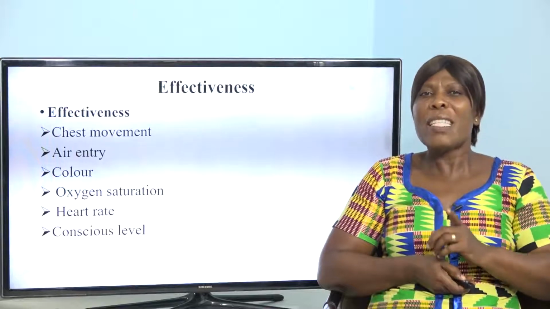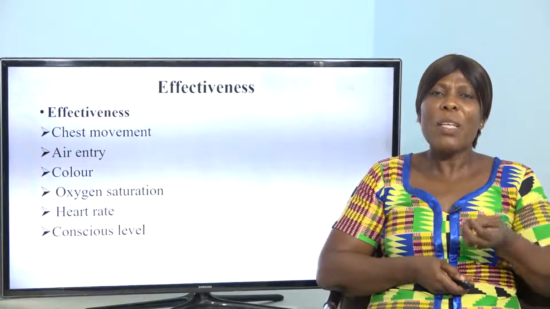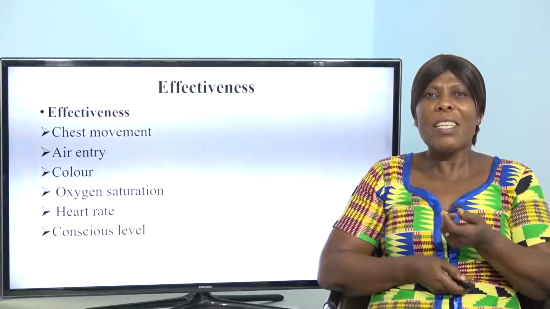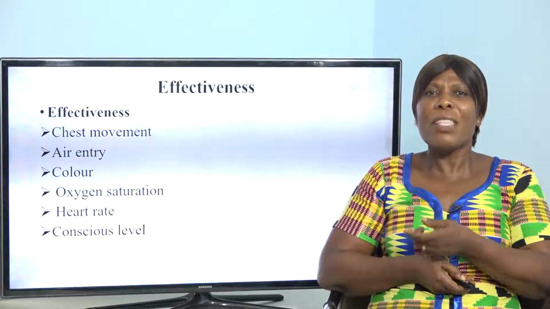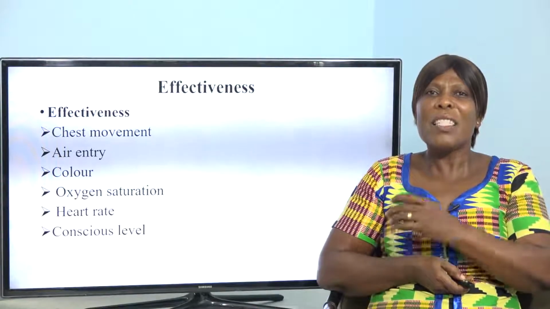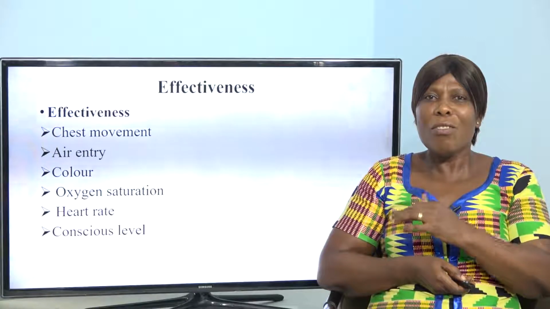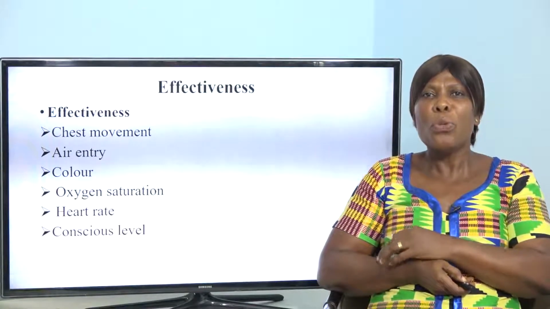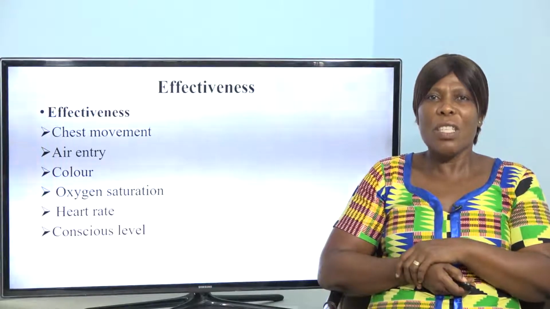You could remember that in the APGAR score, in our previous lesson, we are looking at the appearance. And appearance, we are saying that is the what? Color of the skin. So when the appearance is good, the color of the skin is also good. It means that the air entering into the body is rich enough to change the color from blue to pink. Then oxygen saturation.